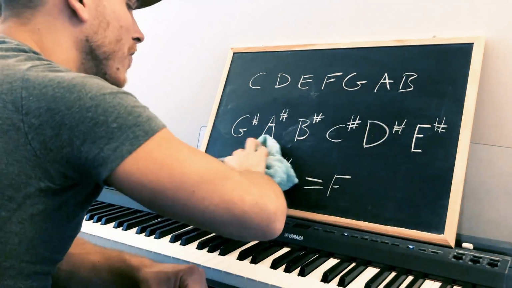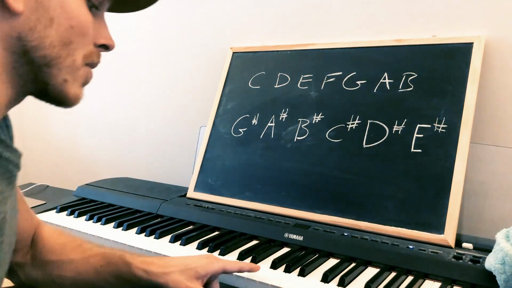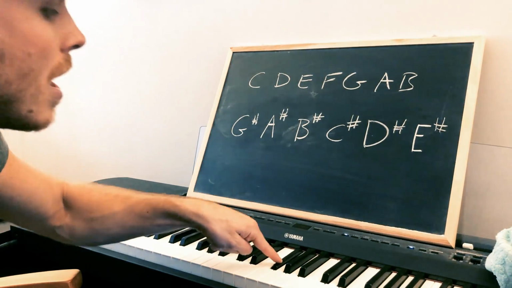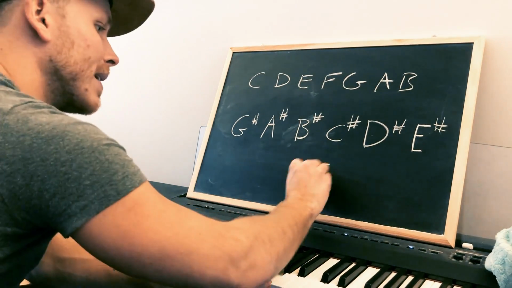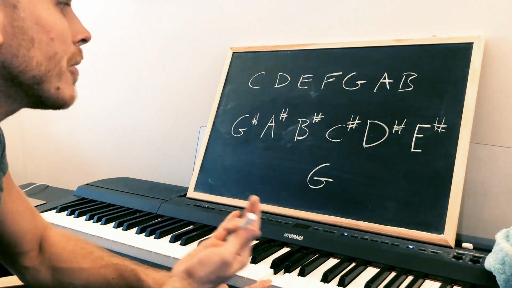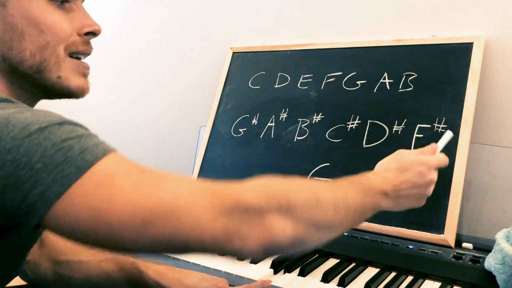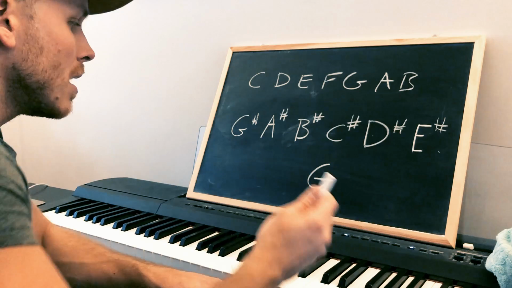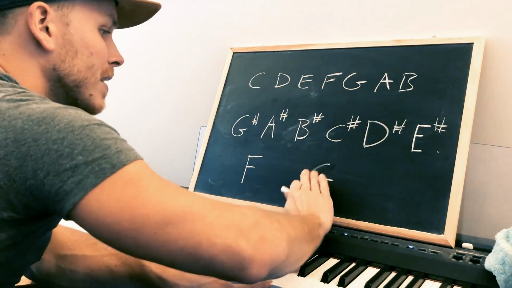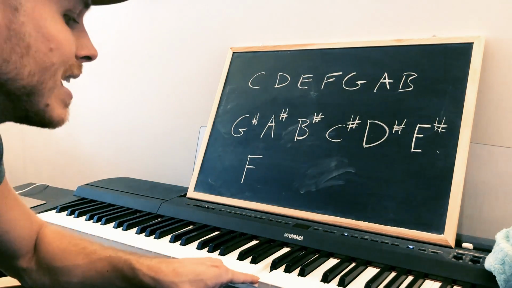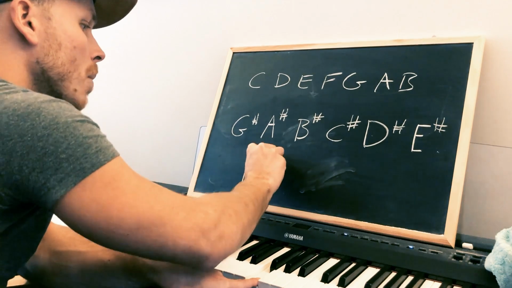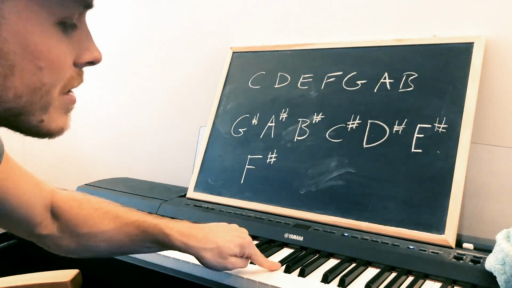Now, my final note. I'm right here. I have to skip a note and play a note. Right now I have the G, but I cannot write down G because I have to write down an F. And if I write down F, I have an issue because the F is right here. F sharp I would end up right here, but that's still not good enough.